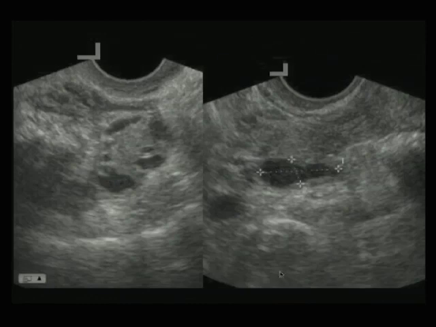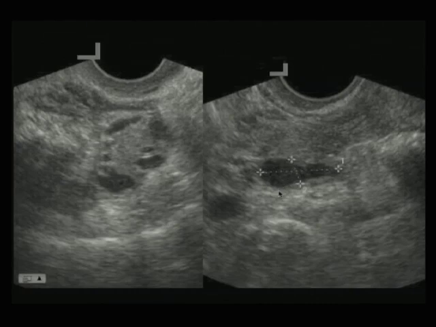Now, this was an interesting case that I saw where this patient had a lot of pain, and here was the ovary. At least I thought it was the ovary. Didn't know what these little areas were. They looked like little cysts, but they weren't clear cysts. They were filled in with echoes here, a little bit irregular. This cyst, seen longitudinally, looked like this, so it was a bit elongated, filled with low-level echoes.